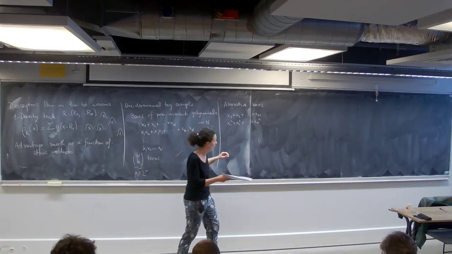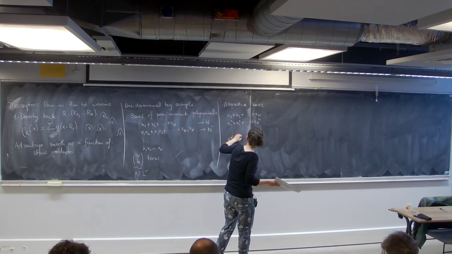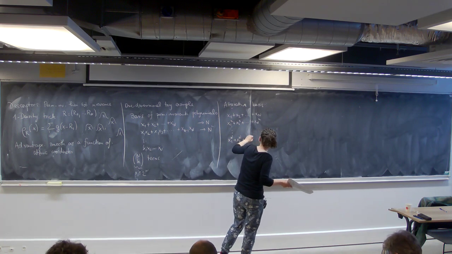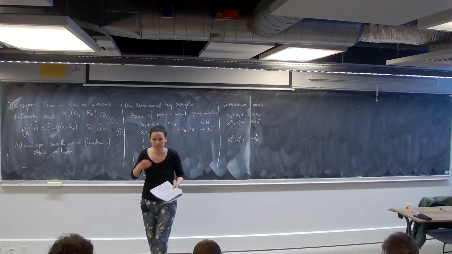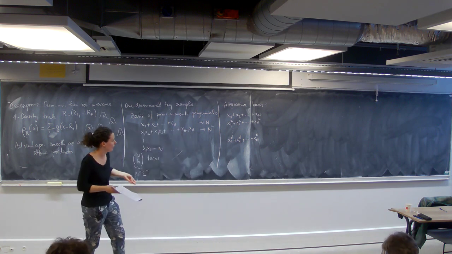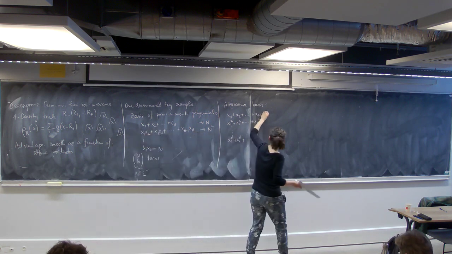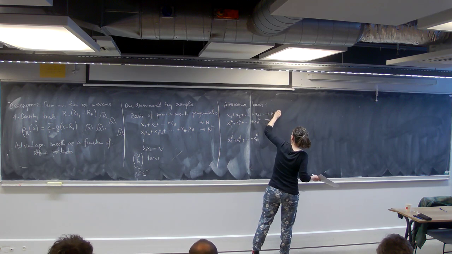And then I go all the way to x1 to the n plus x2 to the n plus xn to the n. And so here, for all polynomials, we only have n terms.